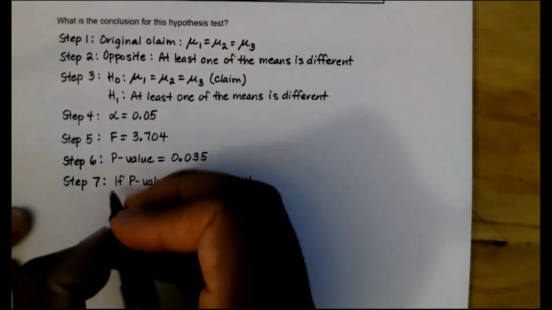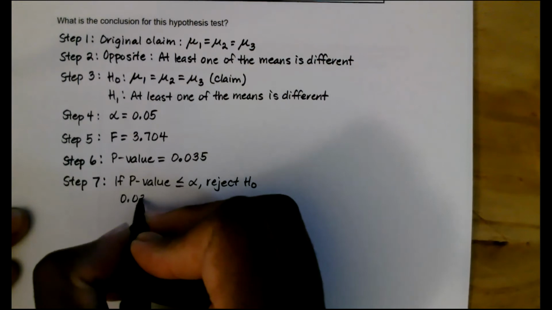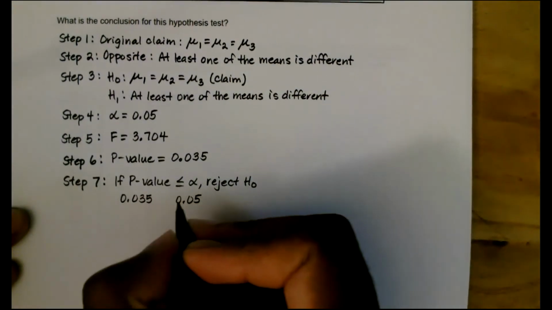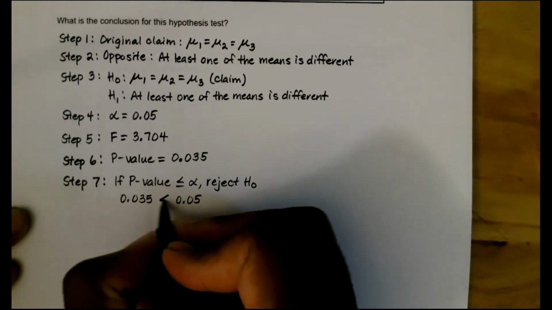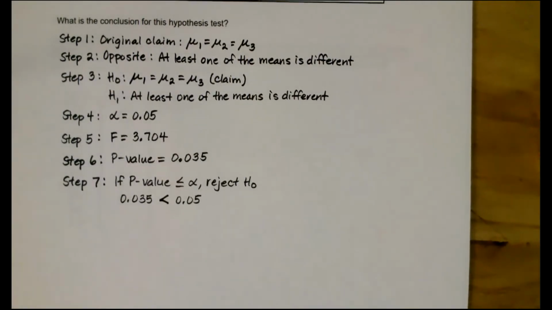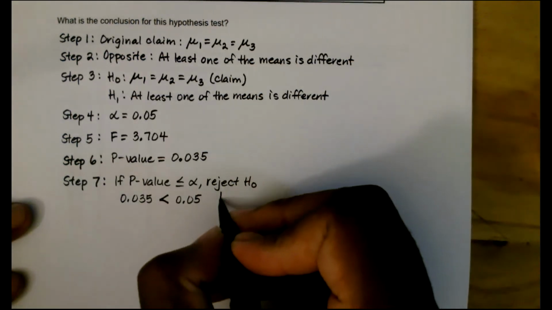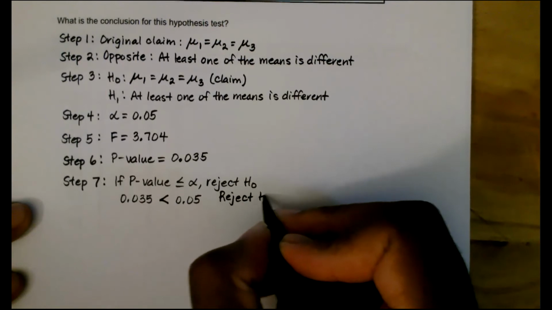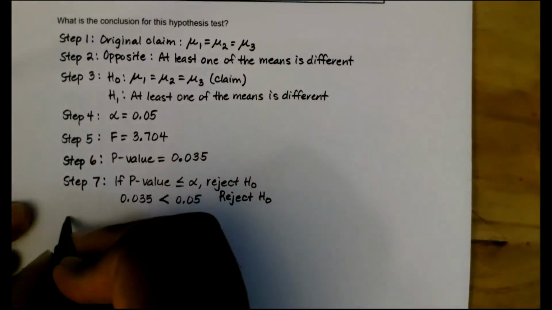Well, that p-value is 0.035. Your alpha level is 0.05. If you compare those, you'll see 0.035 is less than 0.05. It does satisfy the decision rule, so that means we're going to reject the null hypothesis.